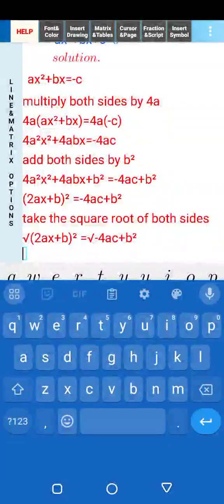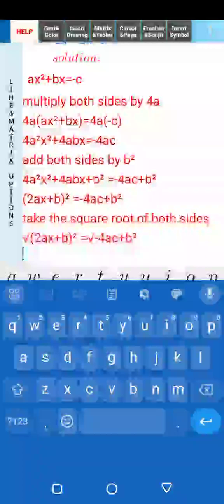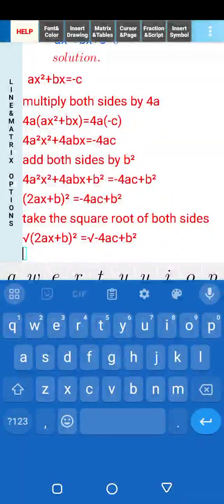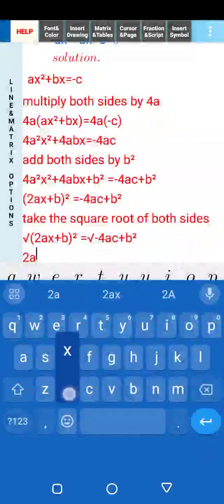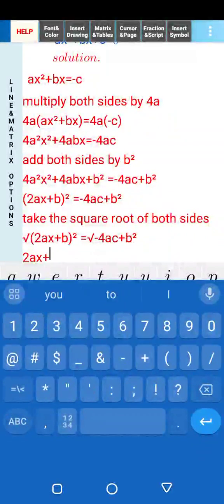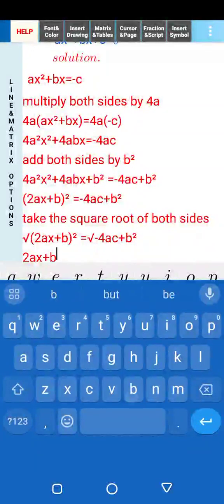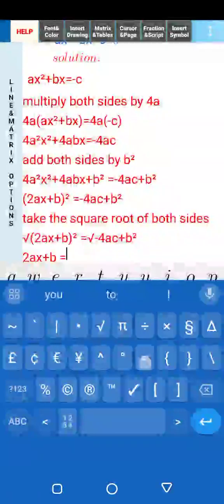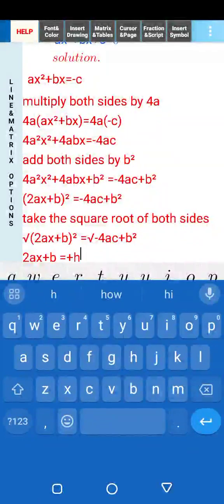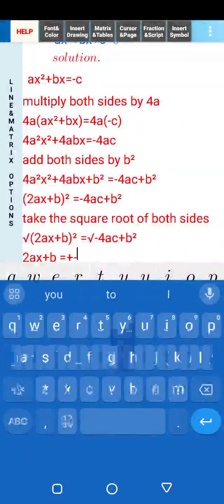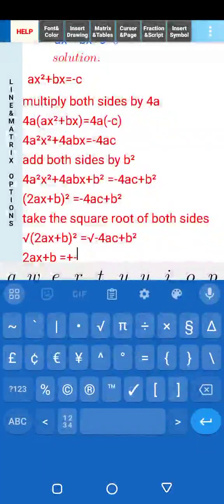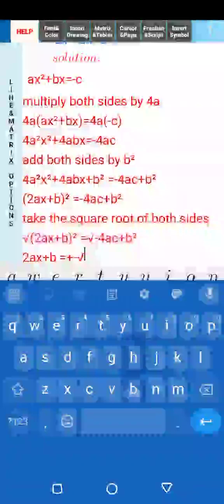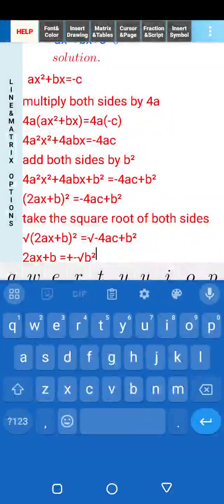Okay, so you see, now the next thing you have to do is that, this left hand side, look at it very well. This square can cancel this square root. When square cancels square root, we are left with 2ax plus b, which will be equal to plus or minus root of b square minus 4ac.